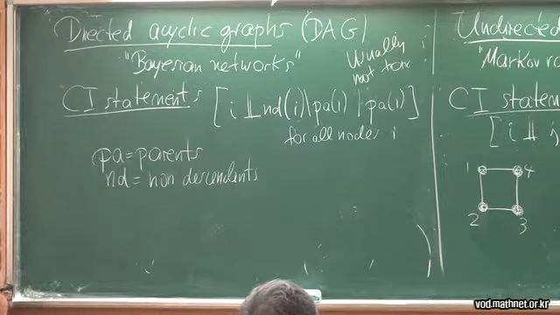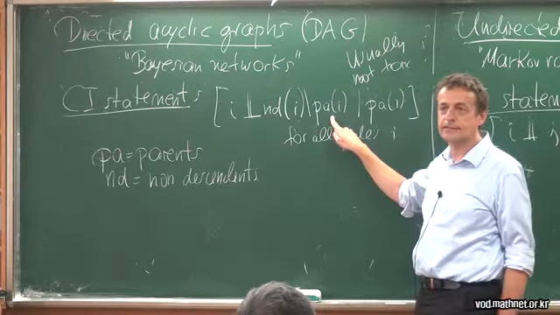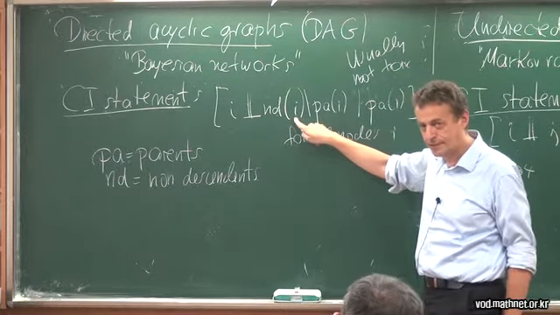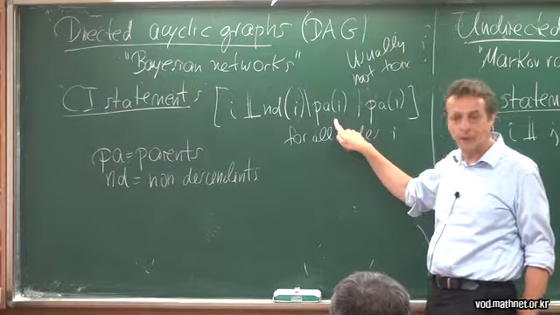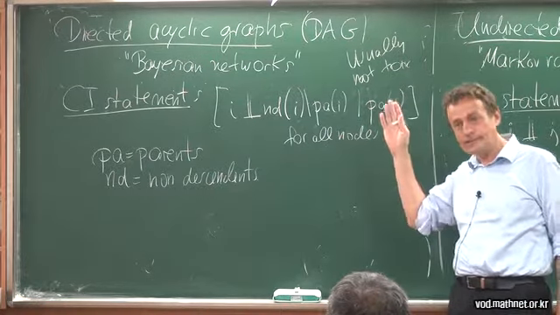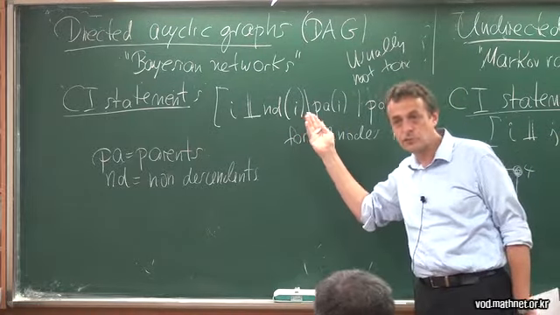Now your parents are non-descendants, but those are trivially non-descendants, so you take them out. So ND of I is the set of non-descendants of I other than yourself and your parents. For example, your grandparents are in this set, and your cousins usually too.